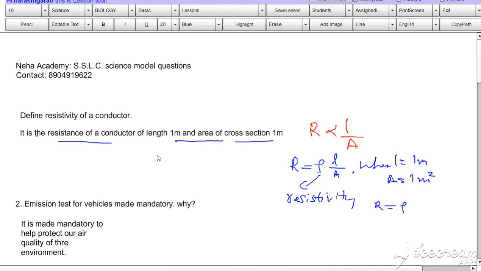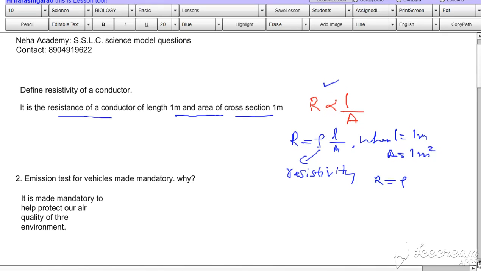Very simple. You don't have to remember all the equations. Those who would like to know in detail can know this, but it is not necessary to remember for the exam. You should know only that it is the resistance of a conductor of length 1 meter and area of cross section 1 square meter.